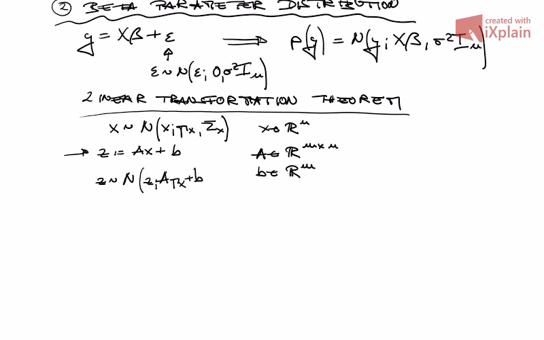So you get a closed form representation of the distribution of z. Do you remember what the covariance matrix of z was, the covariance parameter?